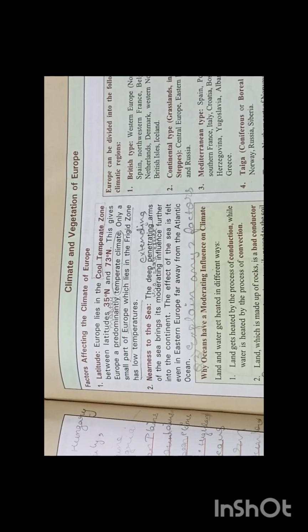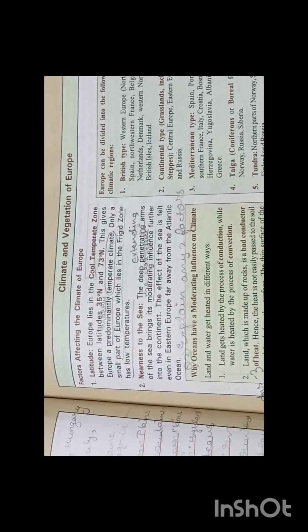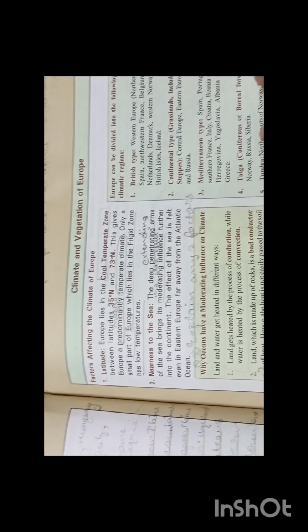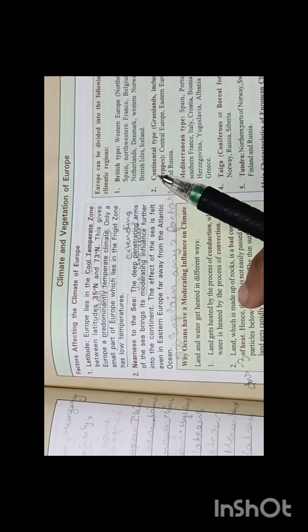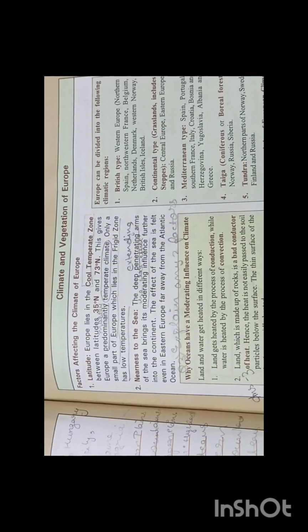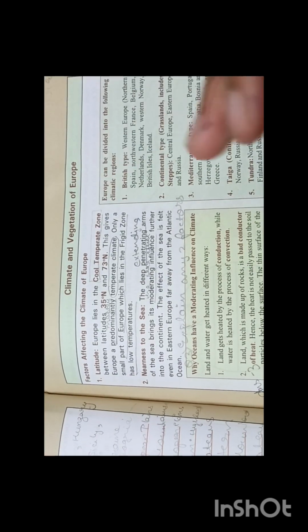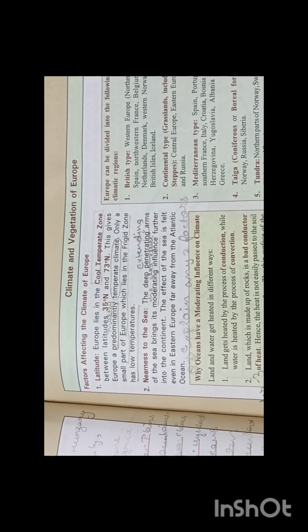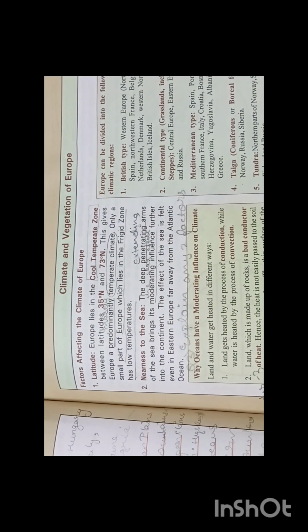If any area is near to the sea, there will be a difference in the climate because the sea will make certain changes. Here we will also learn why oceans have a moderating influence on climate.